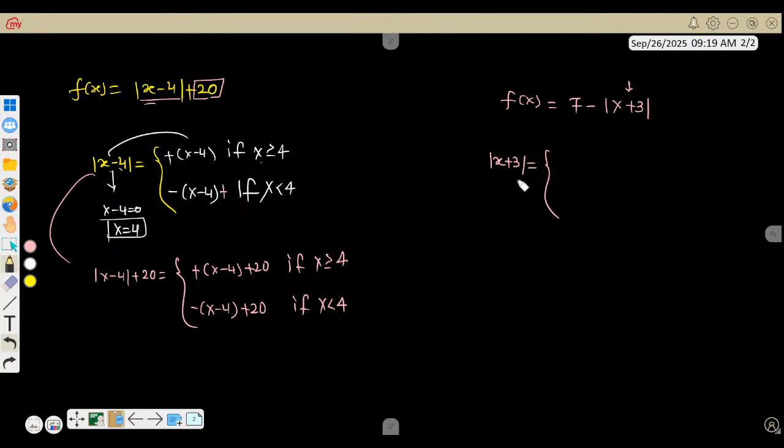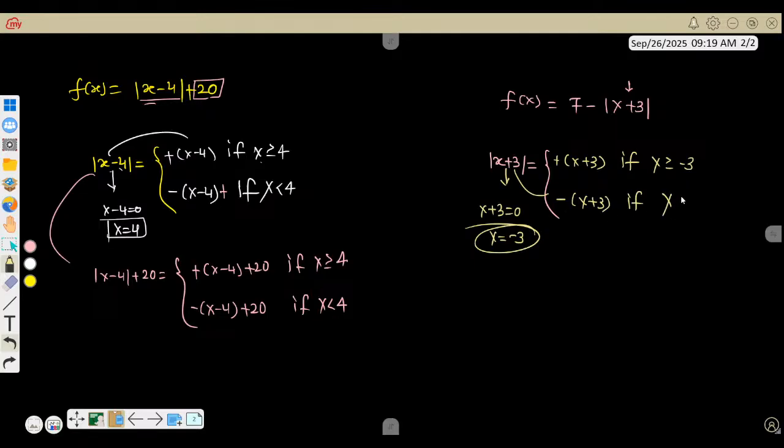Tell me the condition when this entire function is positive: x plus 3 if x is greater than or equal to 3. Not 3. When you set this equal to 0, you have negative 3. Please pay attention: greater than or equal to minus 3. And this entire function is negative if x is less than minus 3, right?